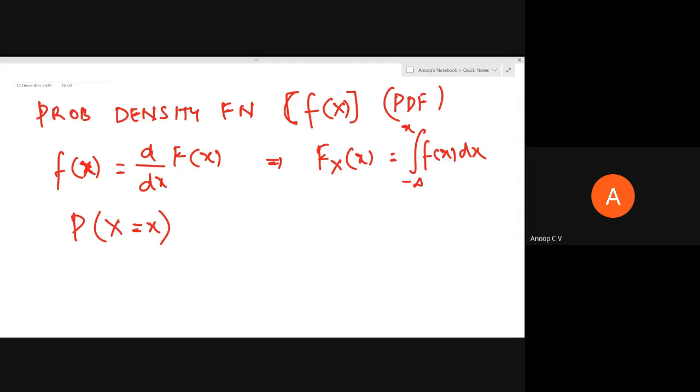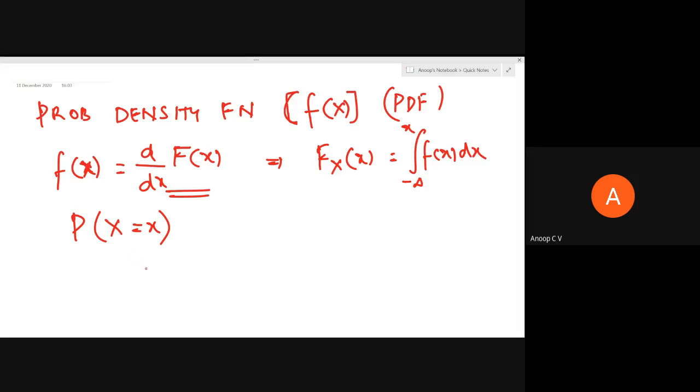Unless otherwise mentioned, if the question says pdf, that can be probability density function, that is, the derivative of the probability distribution function. The probability distribution function is also called the cumulative distribution function. I know you may be getting confused, but we'll solve a small problem now, and then your confusion will be resolved.